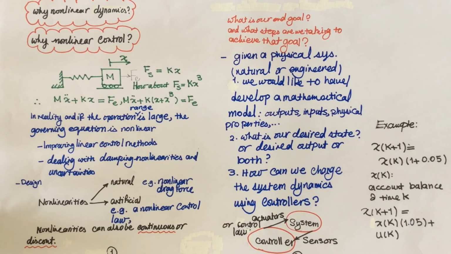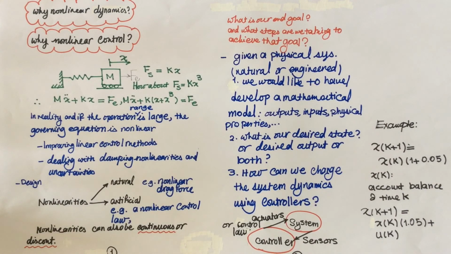It is a dynamic system, and my bank account receives a certain interest at the end of each year. This is a simplified model. So after 1 year, k plus 1, my current balance x_k is going to receive some interest, and it's going to be 1 plus 0.05 times my current balance. So my new balance is 5% more. This is how we describe the system.